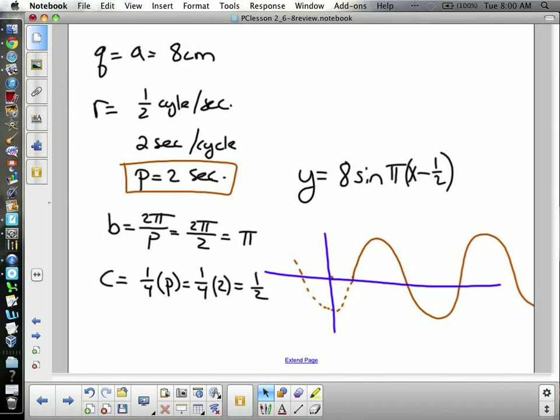I'm doing number 4, not number 6. Yeah, for number 6 it would be 8 sine 4 pi, and then t minus 1/8, because the period is the reciprocal of the frequency.